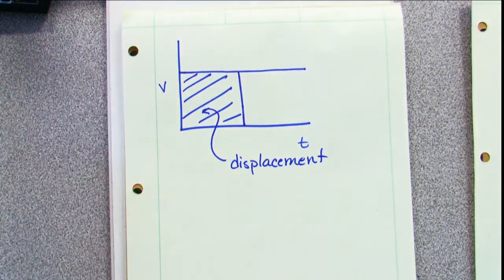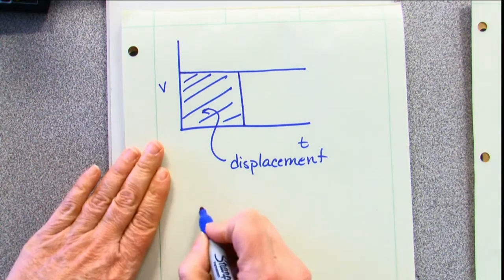So the area under the curve is going to tell me something. That's one of the things that we can utilize: the area under the curve is going to tell me displacement. We will get to looking at this several other times when we're looking at our curves, and we talked about limits.